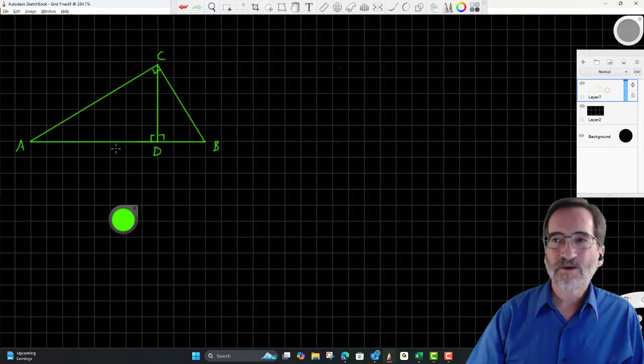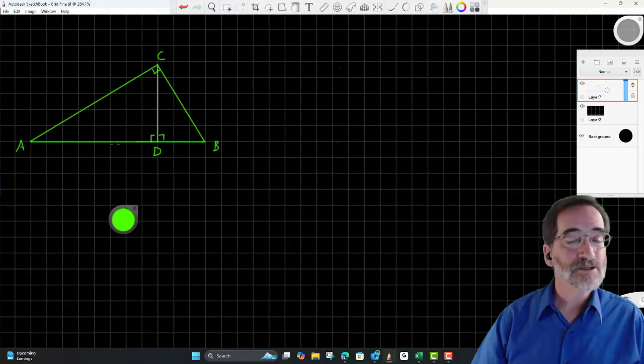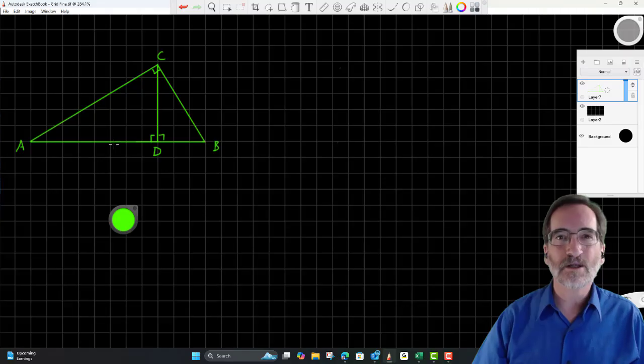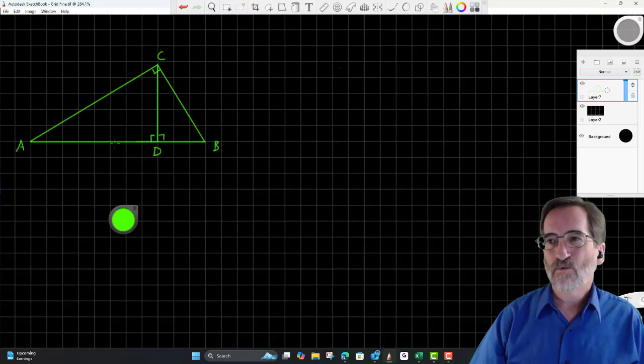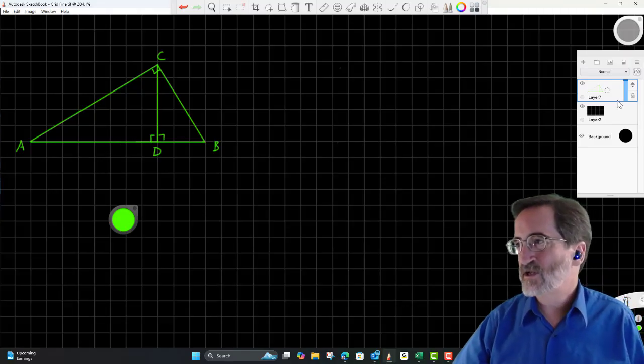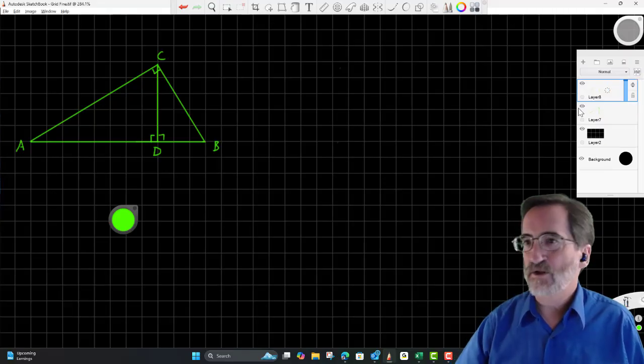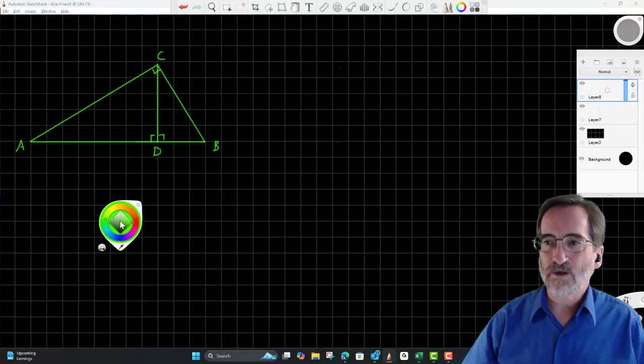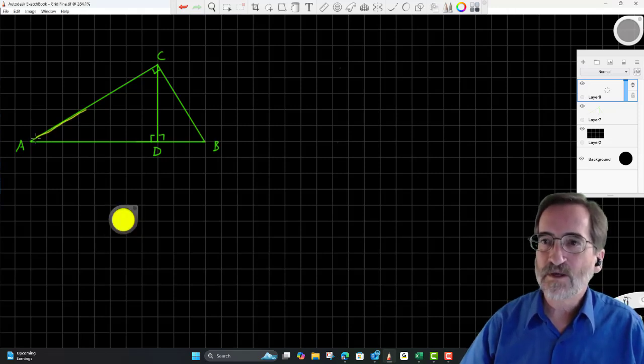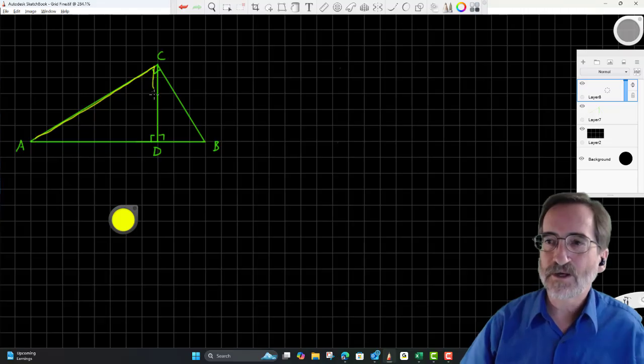Now this divides the triangle, and it's not obvious at first glance, into actually three similar triangles. Let me see if I can outline them for you. Let's make a new layer. Let me go with yellow. We've got this medium-sized triangle, and actually let me go from large to small.